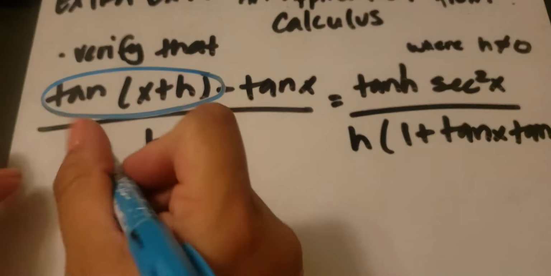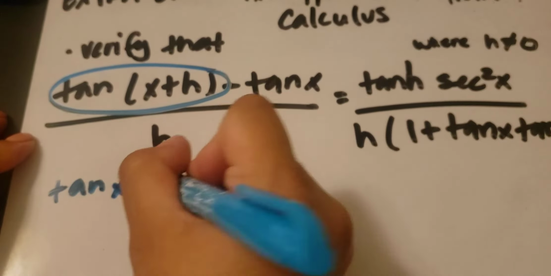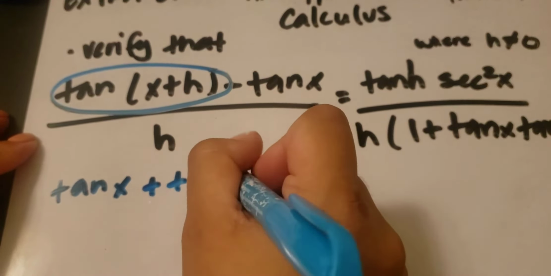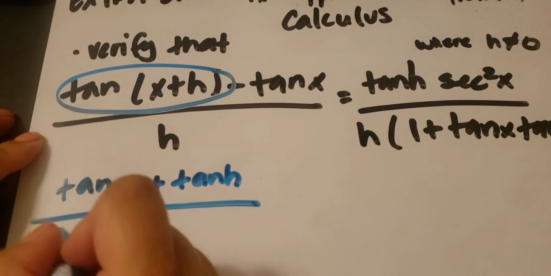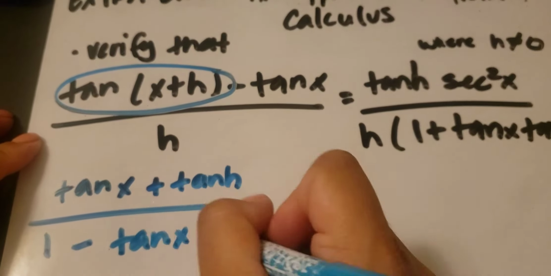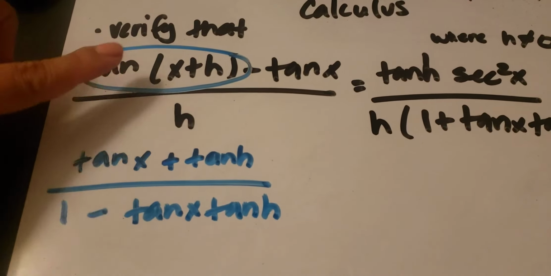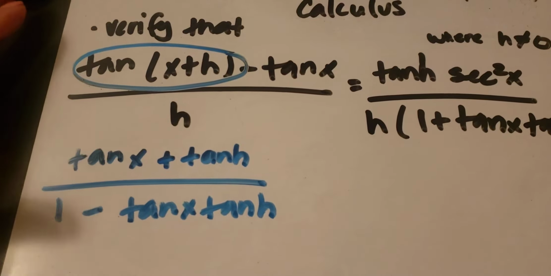Just follow along. This gives me tangent of x plus tangent of h over 1 minus tangent of x times tangent of h.